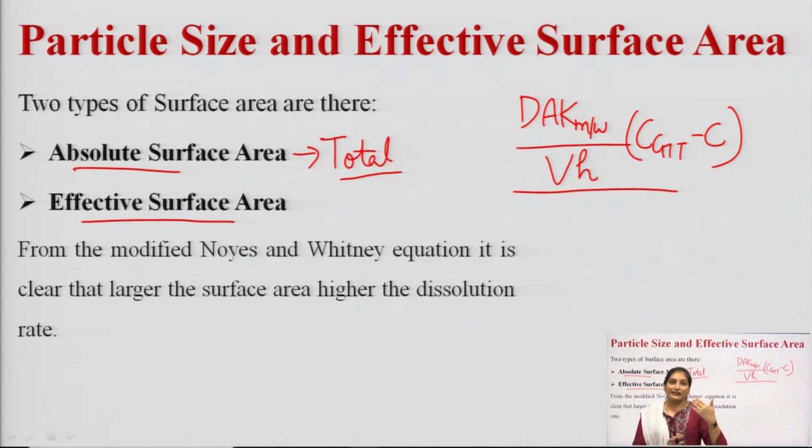So if particle size is reduced, the particles can be easily dissolved and the dissolution rate will be more. This is the effect of particle size and effective surface area. By decreasing the particle size, or with micronization, we can increase the surface area, and if the surface area is larger, the dissolution rate will be higher.